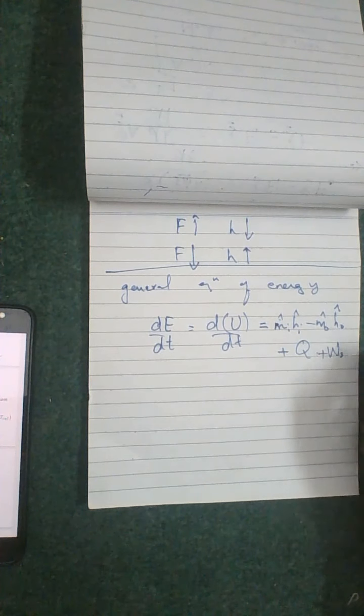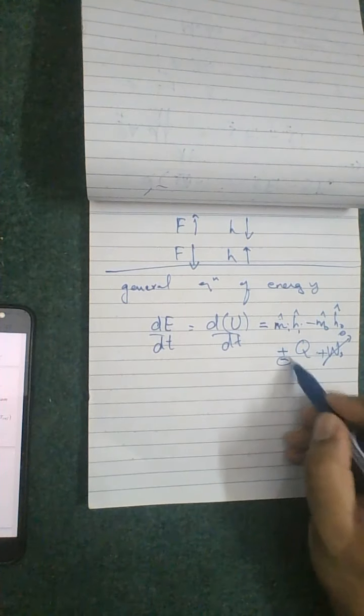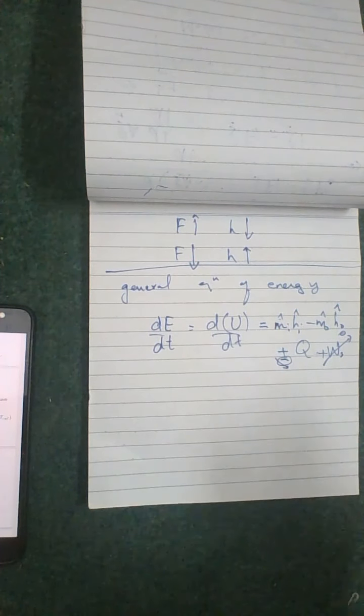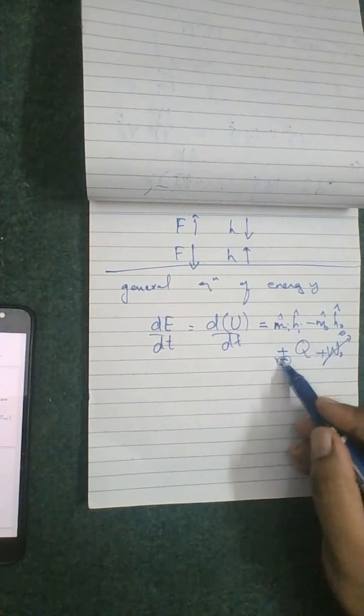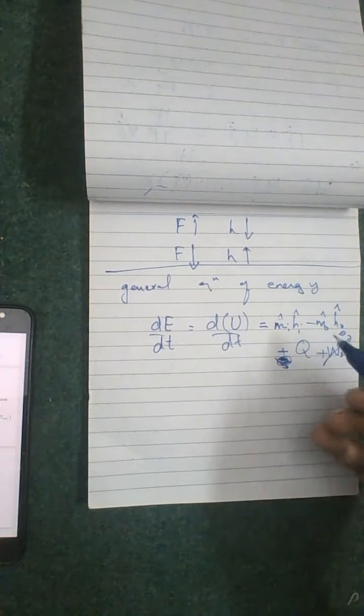Now in this, the shaft work is 0, and the minus sign will be neglected because the heat is only entering the system, not leaving. Negative shows the heat leaving. So in this, the heater is adding heat into the system.